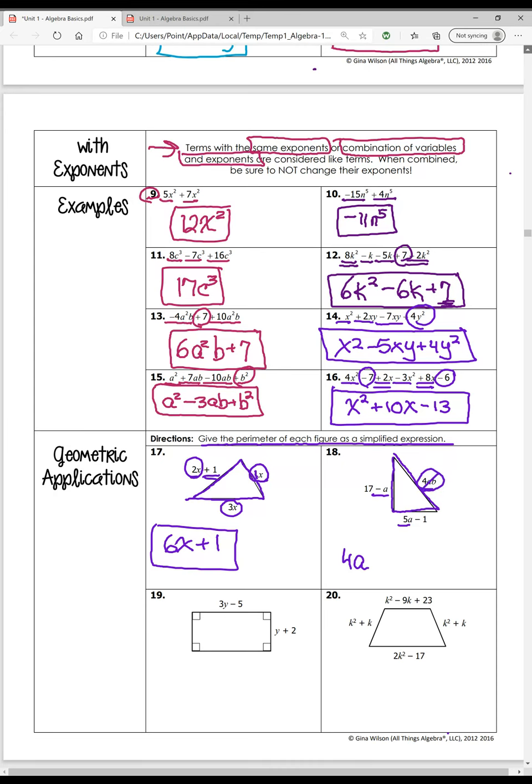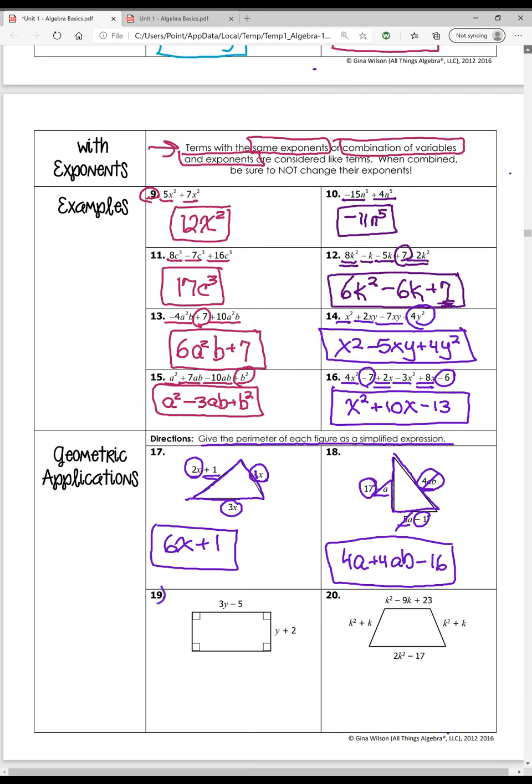We can cross that out if that helps you. So we have plus 4ab, and here we have negative 1 plus 17, or 17 minus 1, which is simply 16. So 4a plus 4ab plus 16 is the distance around this right triangle.